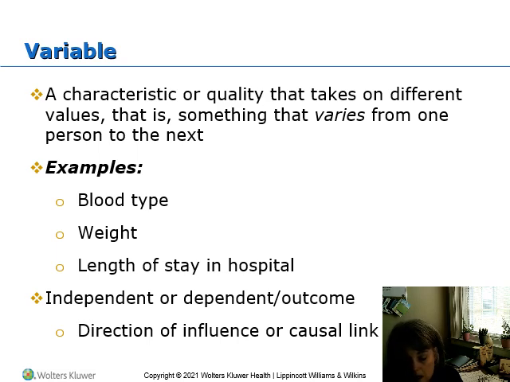And I will tell you that usually in a nursing study, it's a direction of influence. When you look at true experimental studies, where you have a control group and you may have a randomized controlled trial, you can infer causation, but you can never truly prove causation.